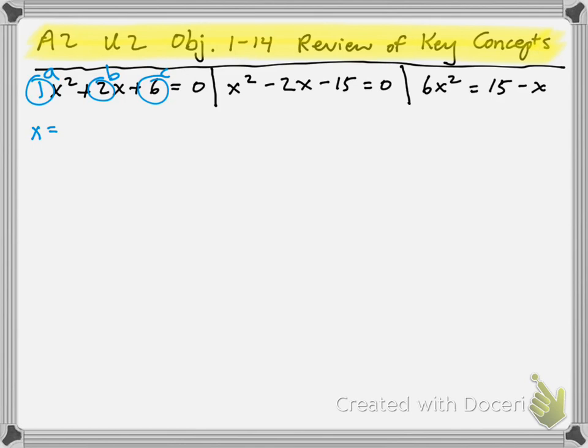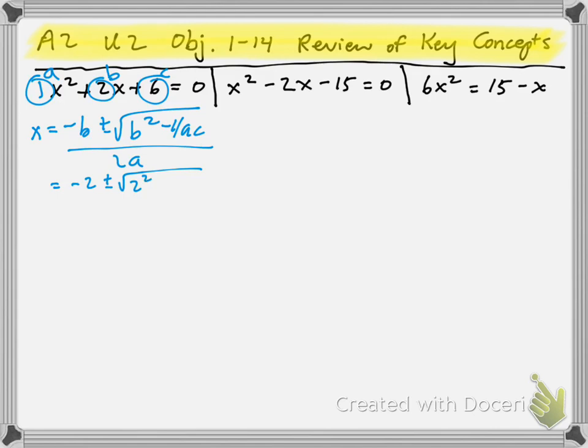So x equals negative b, the opposite of b, plus or minus the square root of b squared minus 4ac, all over 2a. The b value is 2, so the 2 goes there and there. The a value is 1, and the c value is 6, all over 2 times 1.